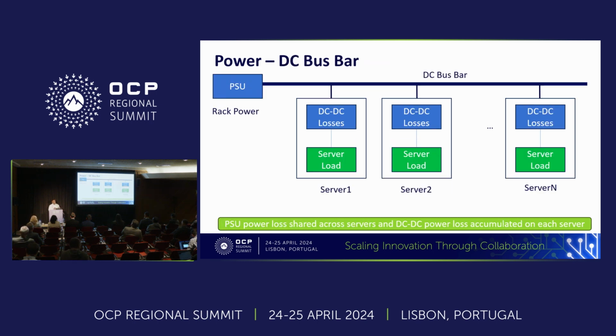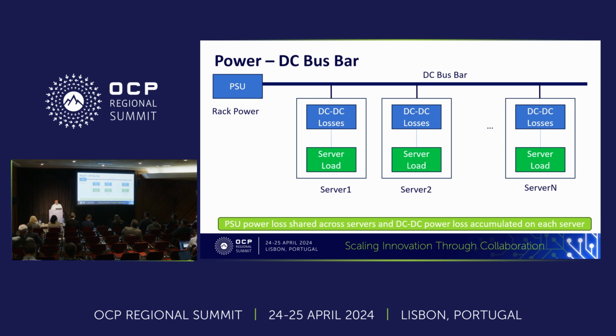But if you are going to share the PSU across the rack, like a DC bus bar, not one system is going to consume the whole thing. If you are operating only one system, it's going to consume whatever loss occurs on the PSU. But if multiple systems share it, then you need a sharing representation, so that you can divide this PSU power loss across the different systems, and even divide it across the load to represent it properly.